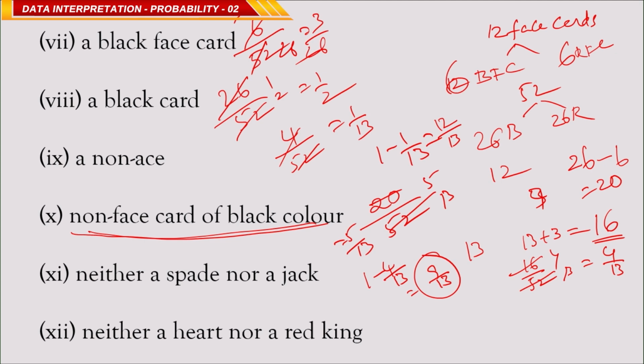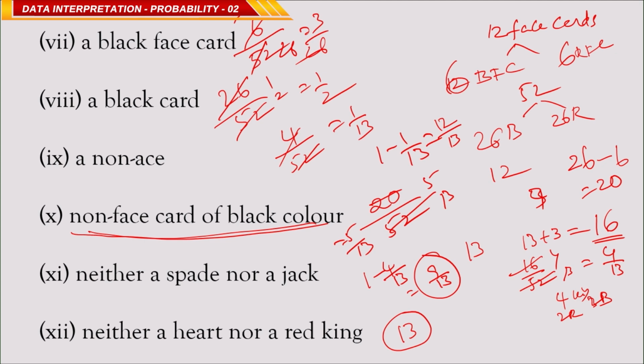Next, neither a heart nor a red king. How many hearts are there? There are 13 hearts. How many red kings are there? Totally there are 4 kings, 2 are red and 2 are black. So, neither heart nor red king here.